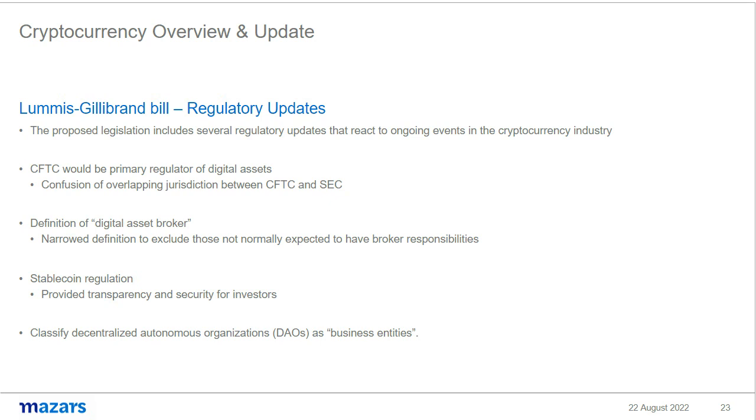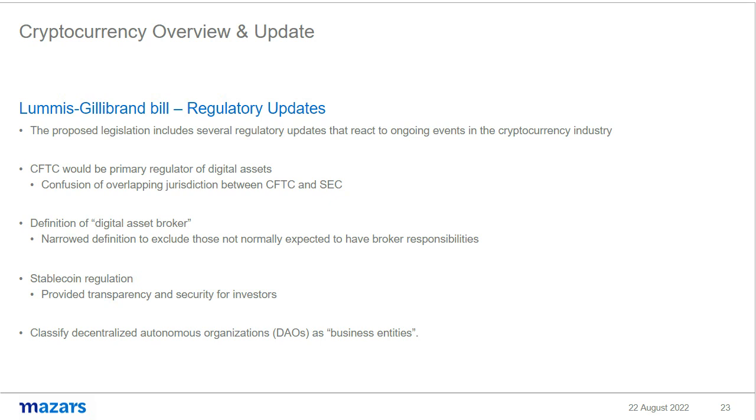Another item is the term digital asset broker, which has been a topic of contention as of late. So back in November 2021, when Biden pushed through the infrastructure bill, this definition was provided, and it was seen by industry as being overly encompassing, to include a lot of people who wouldn't normally be expected to have the responsibility of a broker.